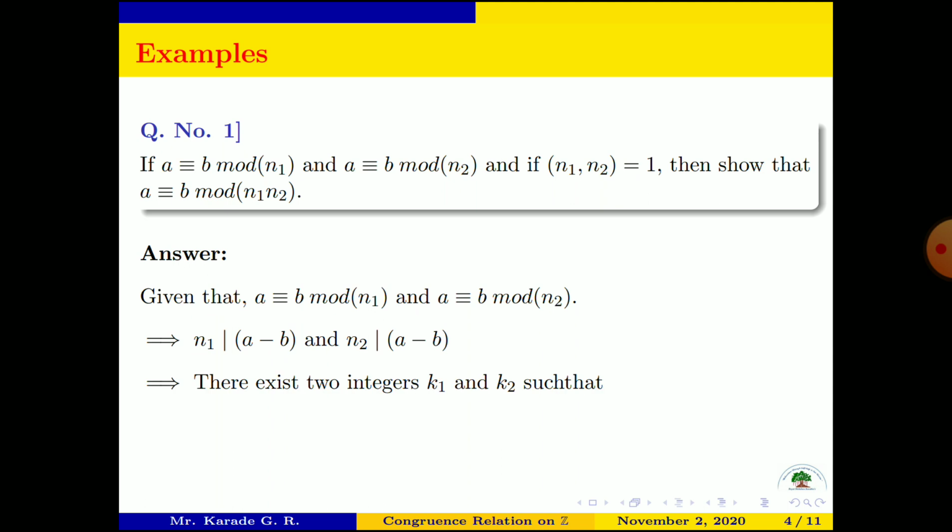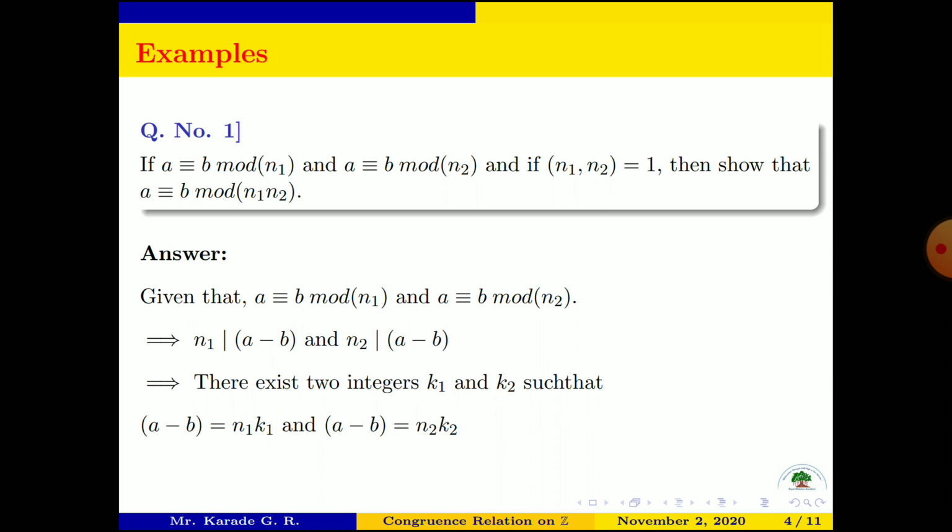Therefore, there exist two integers k1 and k2 such that A minus B is equal to n1 into k1 and A minus B is equal to n2 into k2.